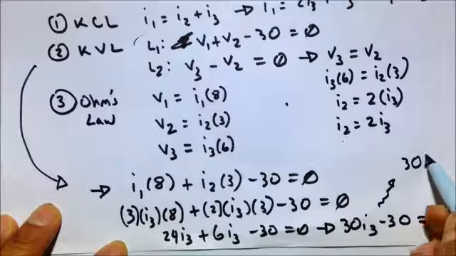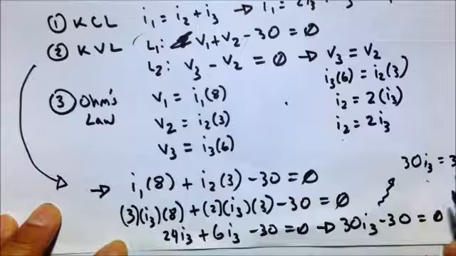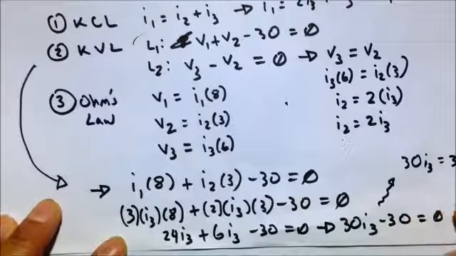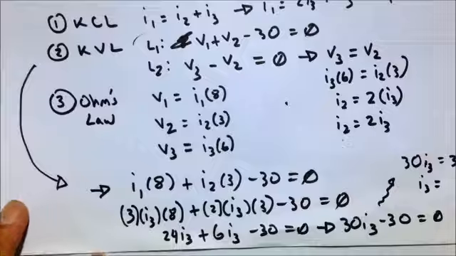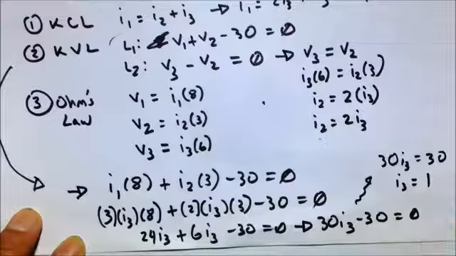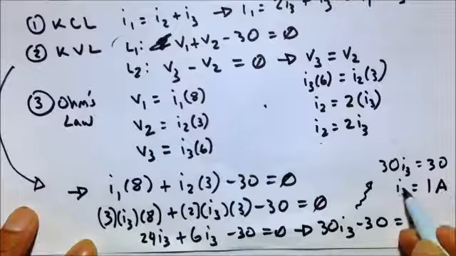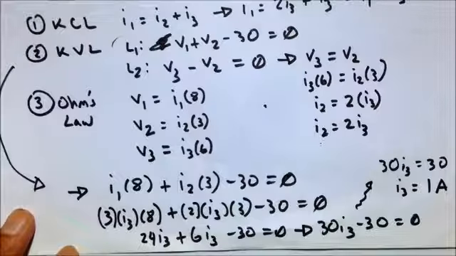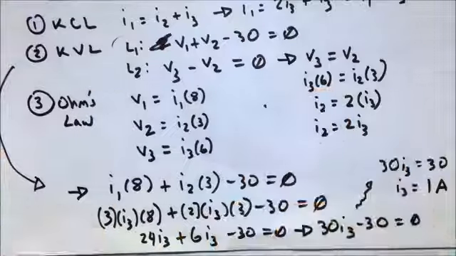So 30 I3 equals 30. Dividing both sides by 30, I3 equals 30 divided by 30, which is 1. Bam, 1 amp. All that for 1 amp. So now we know I3 is 1 amp. Now everything's going to be simple.